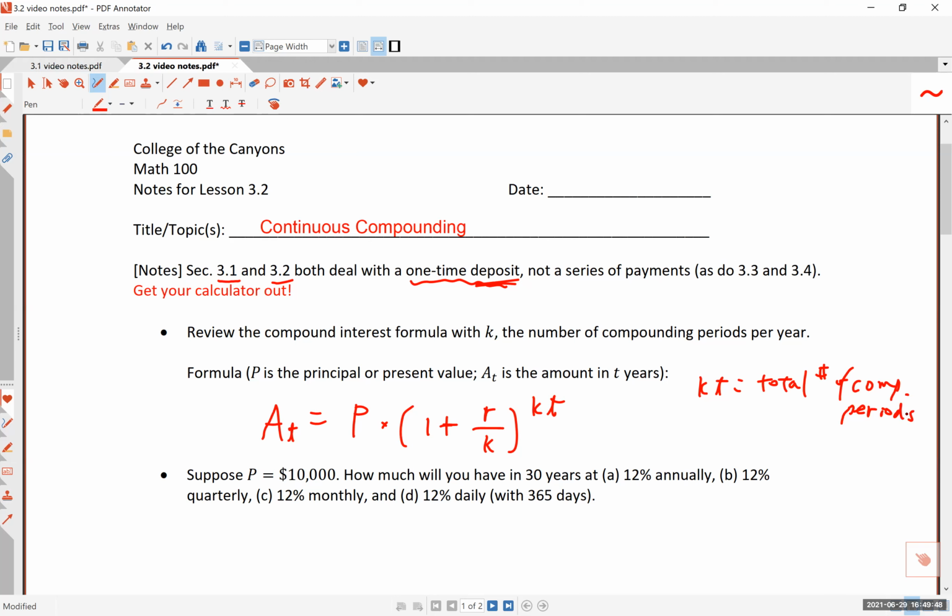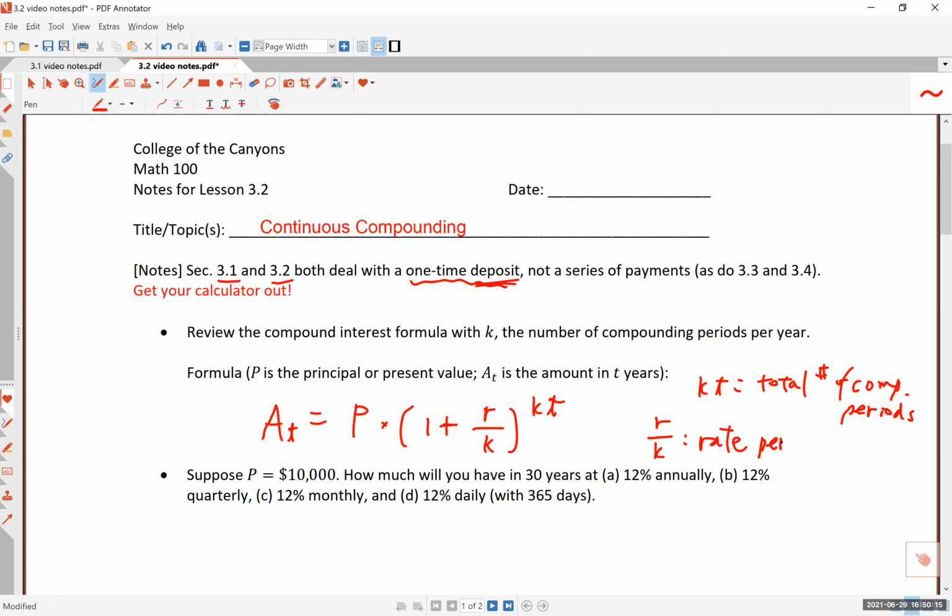For instance, if you're talking about monthly for 5 years, that's 5 times 12. That's 60 months in 5 years, so this KT will be 60. That would be the total number of compounding periods in the number of years defined by T. R over K, this is what we talked about last time in section 1.